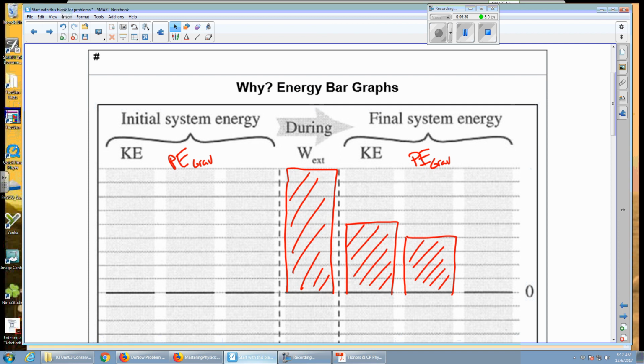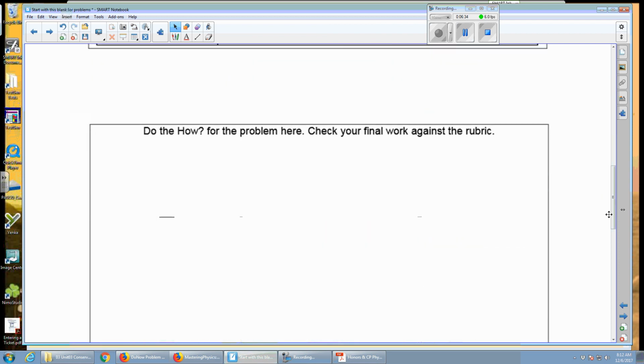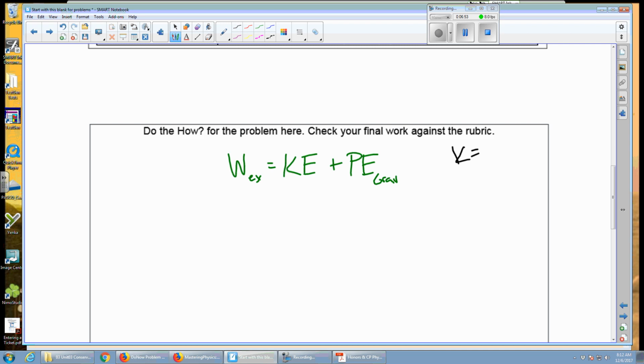And of course, that is now what generates my equation right here, which says that the external work is the kinetic energy plus the potential energy. Go to my equation sheet and grab 1/2 mv squared. Sorry, that should be a KE.